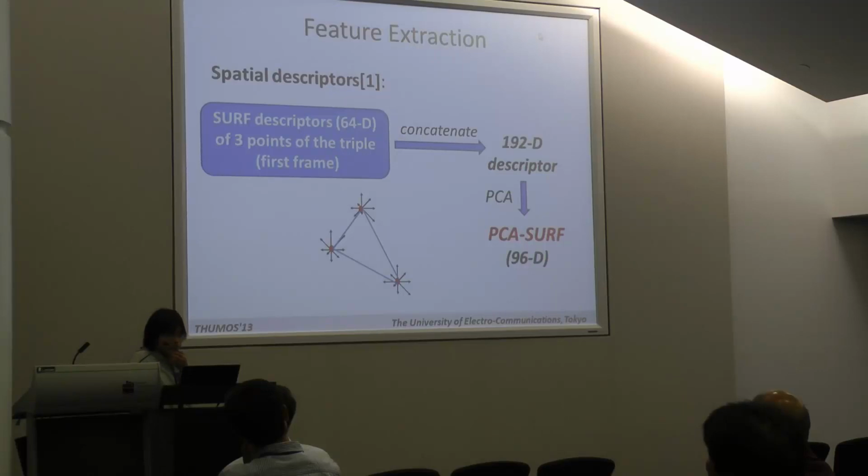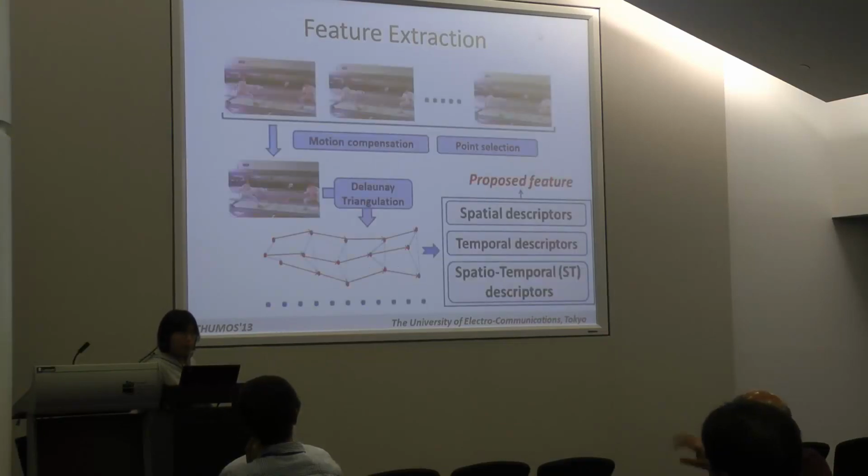For spatial descriptors, following the baseline, we concatenate the sub-descriptors. In this one, can you go back to the previous thing? Okay. So you just select these interest points, but you don't have the correspondence of the points from this frame to that frame. You work on these trajectories, right?